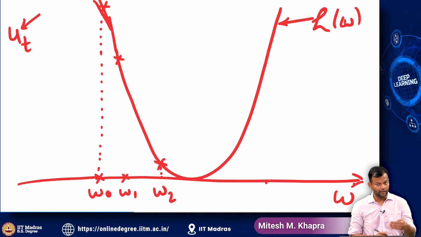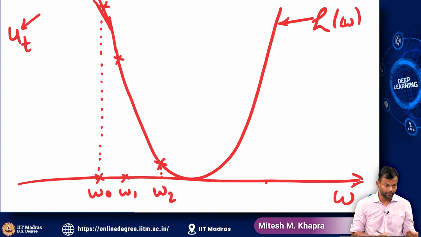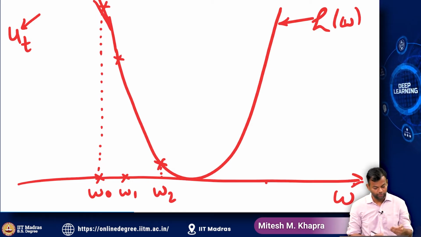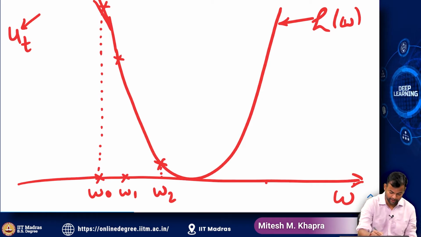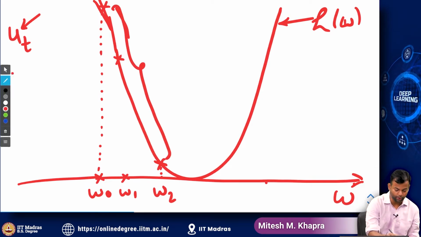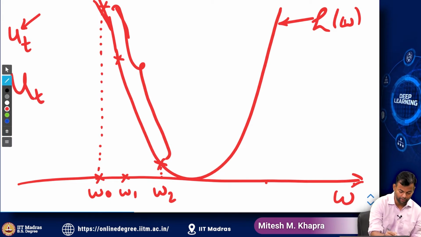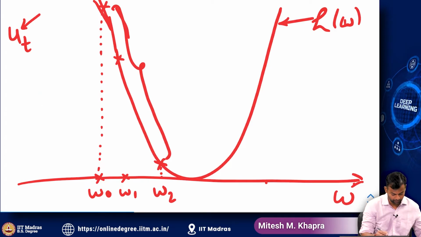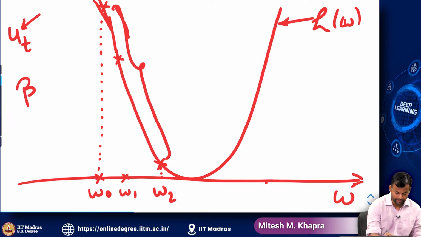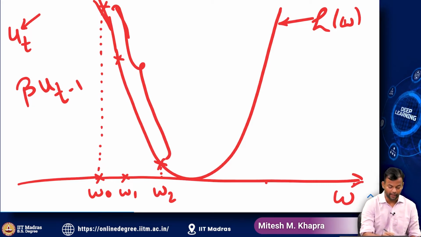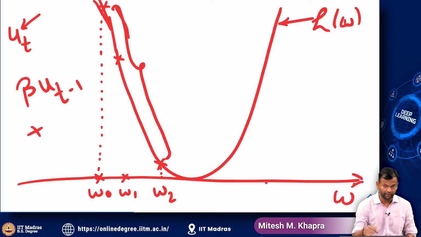And at this point, again I compute the derivative, and then I'm going to update by the history, which was all of this that had happened so far, all the updates that I had made so far. So that ut, beta times ut minus 1, all the history up to this point, plus I would compute the derivative at this value.